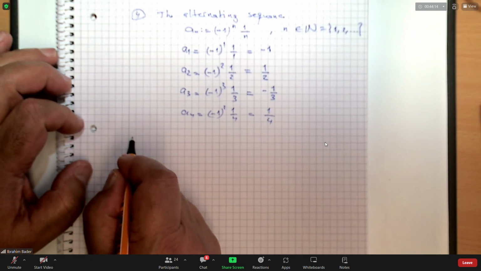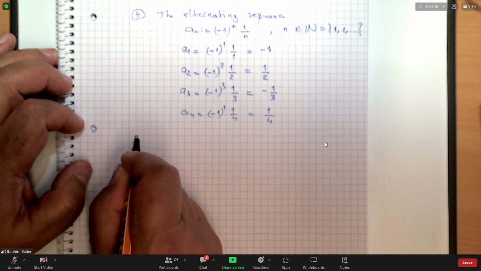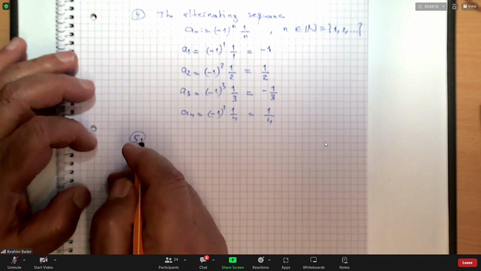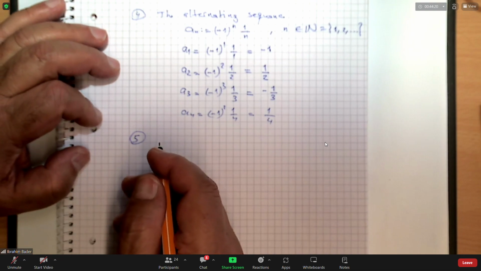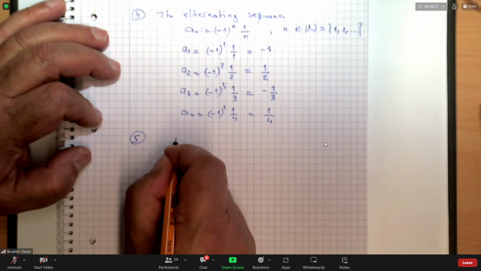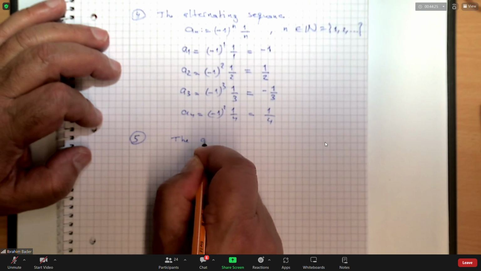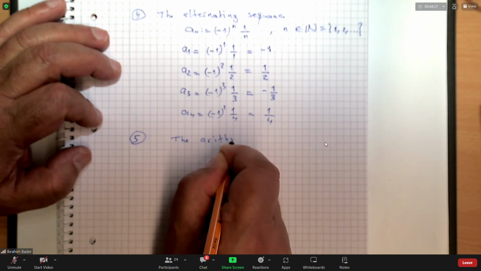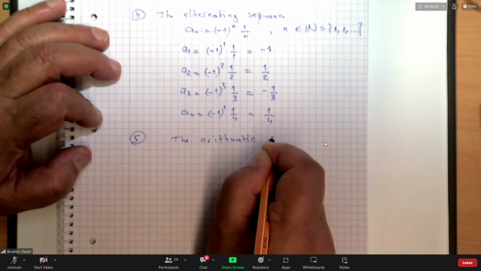Now we have two types of sequences that are very important for this section, and the first is the so-called arithmetic sequence.